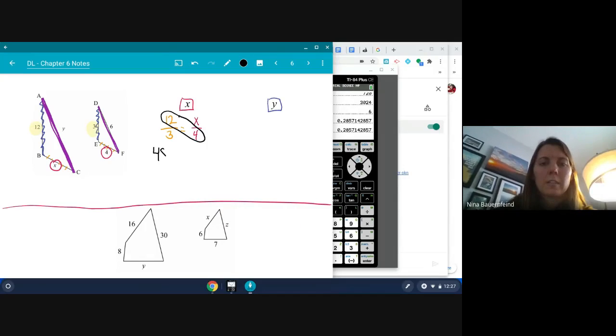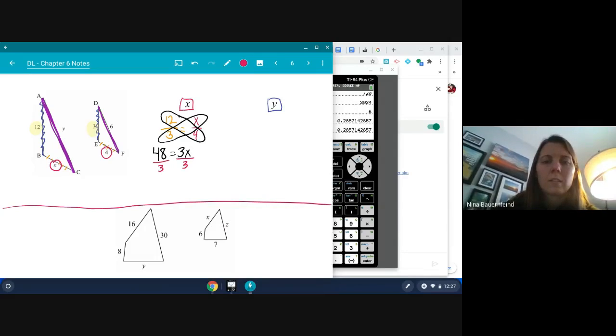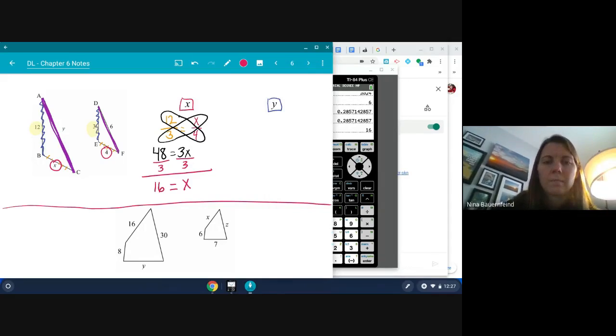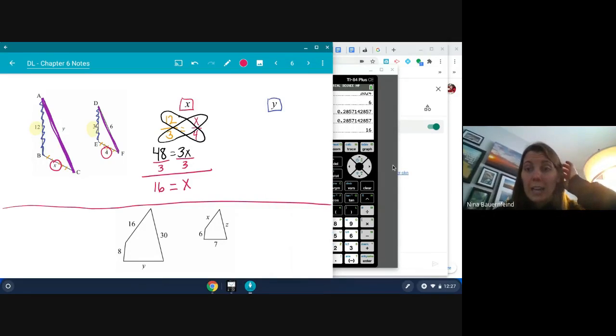That's 48. 3 times X is 3X. And then we're going to divide. So we get X equals 16.